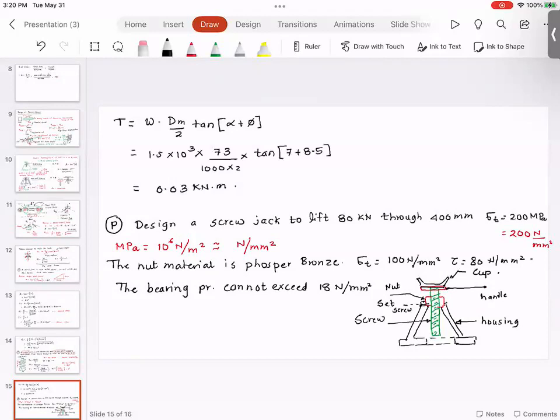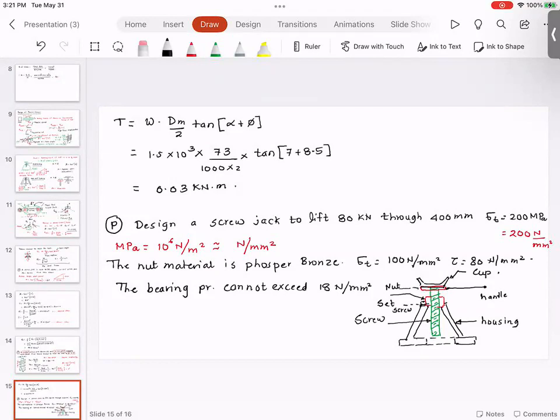But one important observation here, if you look at the handle, you have a choice. You can have a handle that can be rotated by two hands, which means you can have a handle that extends on both sides, or you can have a wheel that you can rotate. You can have a motor that is attached to the nut, I'm sorry, attached to the screw, that can raise the screw up and down.